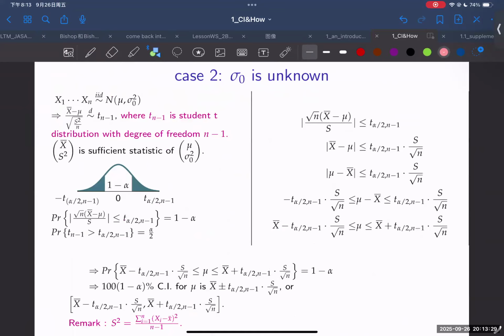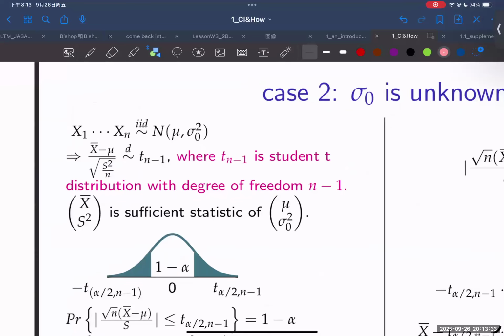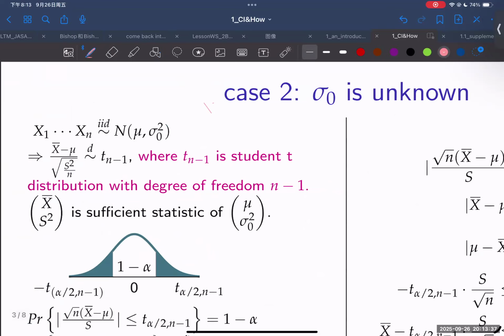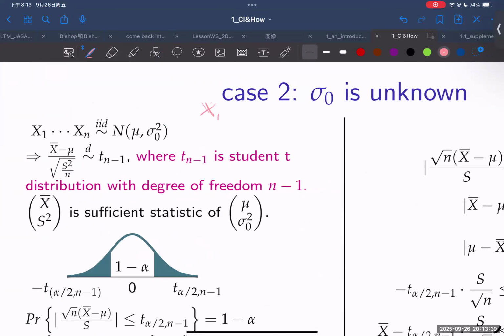Next we have case 2: sigma naught is unknown. In such a situation, can you do it this way, for example, xi minus mu over sigma naught?